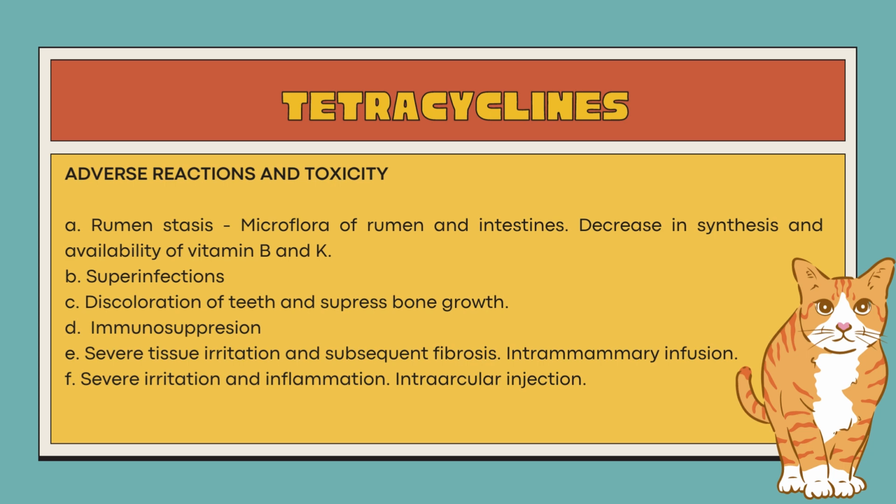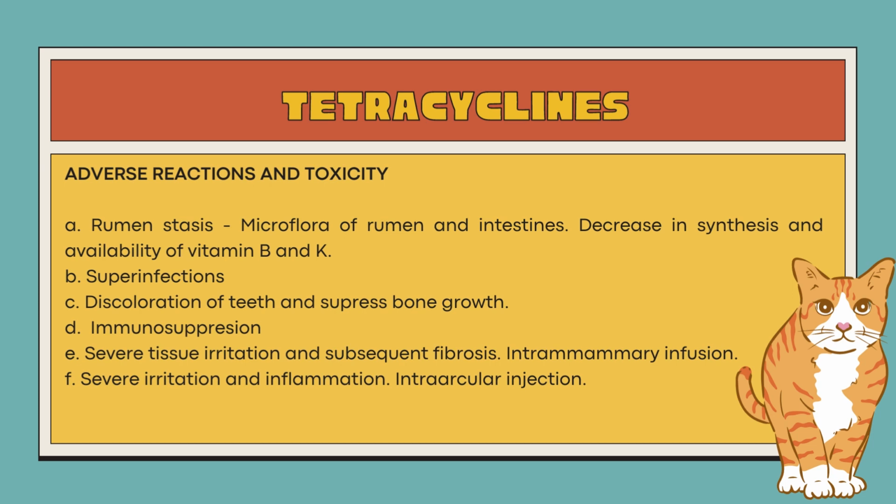C is we have tetracyclines are deposited in growing teeth and bones and should not be used in growing animals because they cause yellowish and later brownish discoloration of teeth and suppress bone growth. D is we have tetracycline should not be used with immunization programs as they cause immunosuppression.